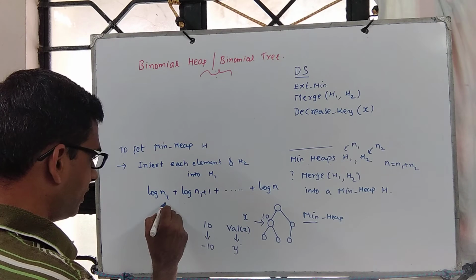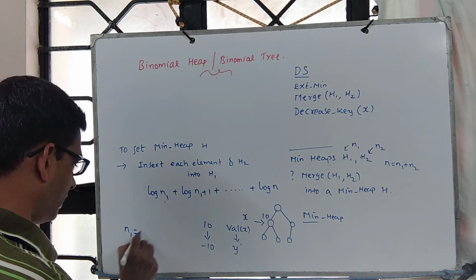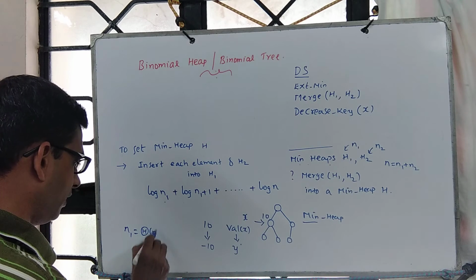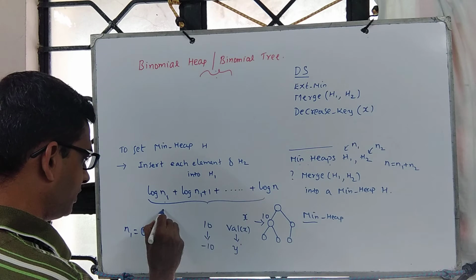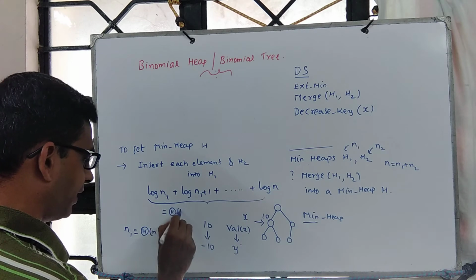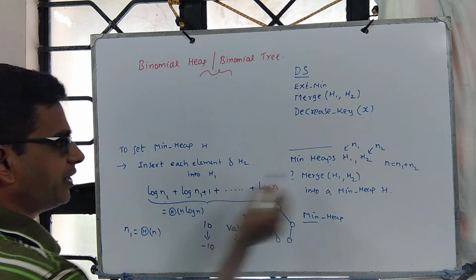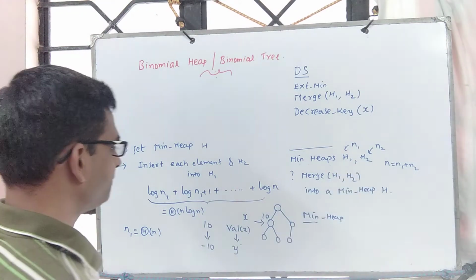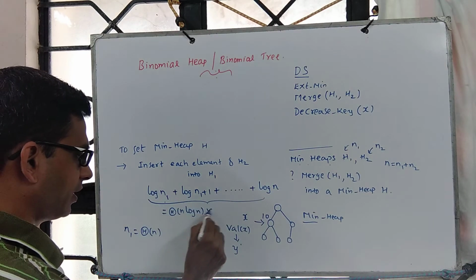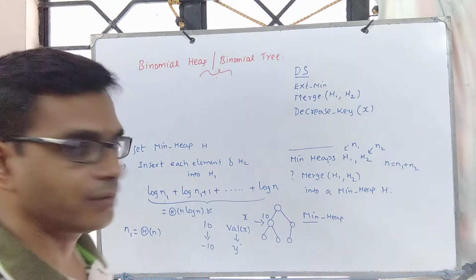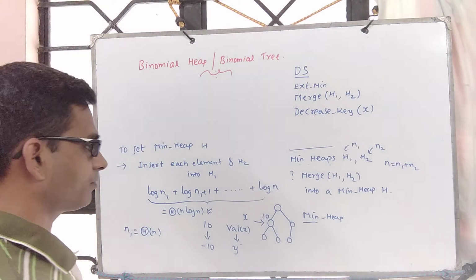And there are examples where n1 is a function of n, which means n1 is theta of n. So that shows that this one is theta of n log n. So it means given two min heaps H1 and H2, the time complexity of merge is n log n if we follow a classical min heap data structure.